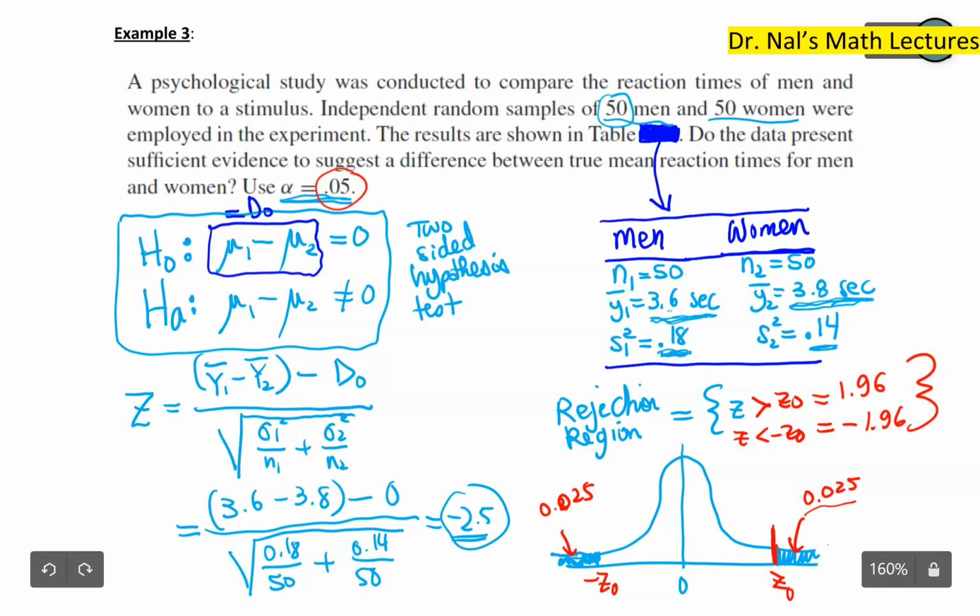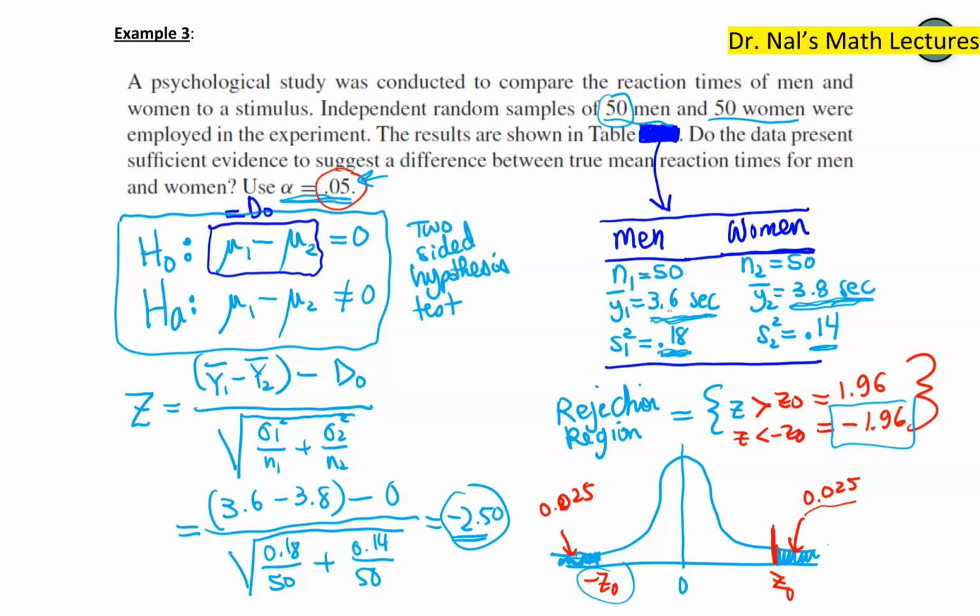Now, does this number fall into any of the tails? The answer is yes. If you look at the lower tail, this value of z0 was minus 1.96, and indeed minus 2.50 is less than that critical value. And as a result, because our test statistic fell into the rejection region at the alpha equals 0.05 significance level, we conclude that there is sufficient evidence that the mean reaction times for men and women differ.